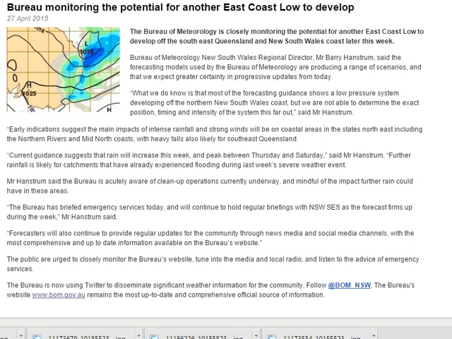So we're just starting to monitor this system very closely now, issue the relevant heads-up warnings and that sort of stuff. I wouldn't be surprised if we see some severe weather warnings issued, severe thunderstorm warnings issued for parts of southeast Queensland and eastern New South Wales.